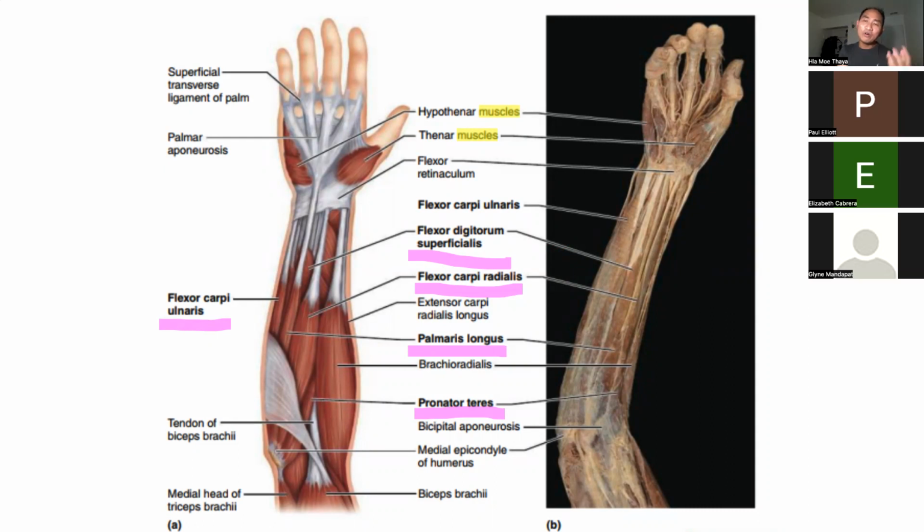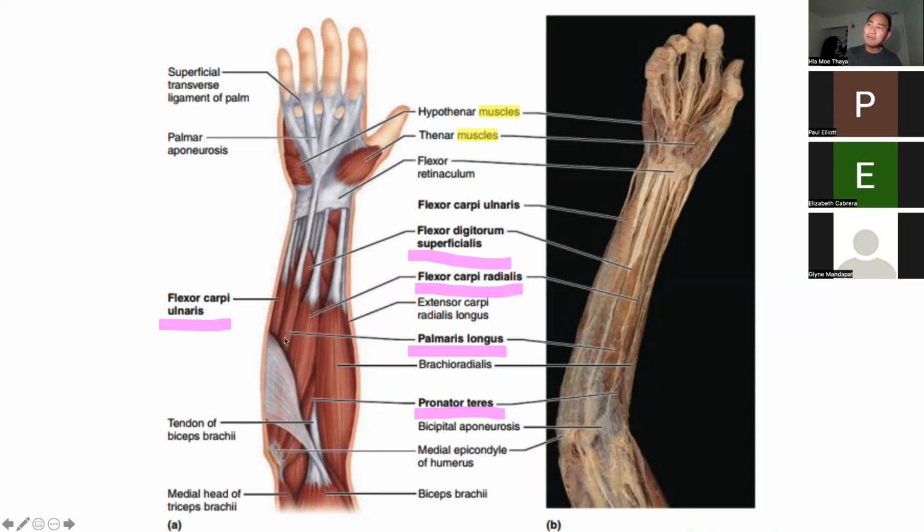Therefore, we call it common flexor origin. You can now see the pronator teres here, a small little muscle, which is equivalent to where the thumb was. And here, flexor carpi radialis. Where is the flexor carpi radialis? Here, and this is the flexor carpi radialis.